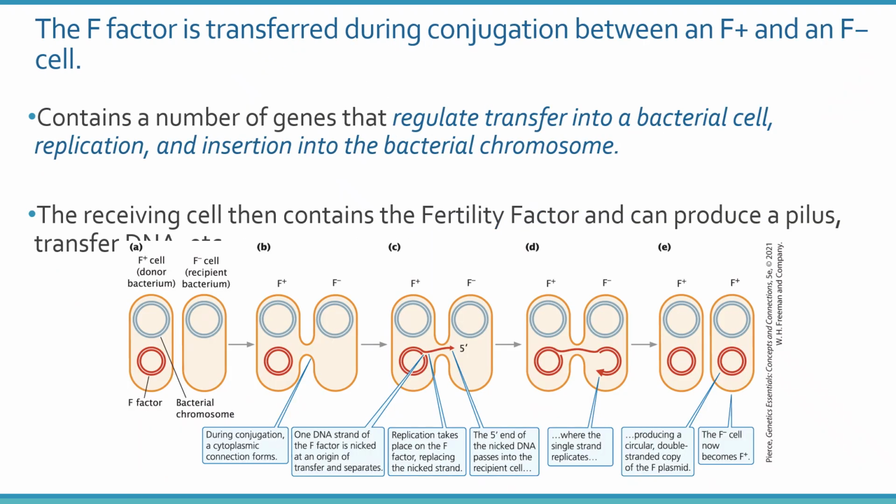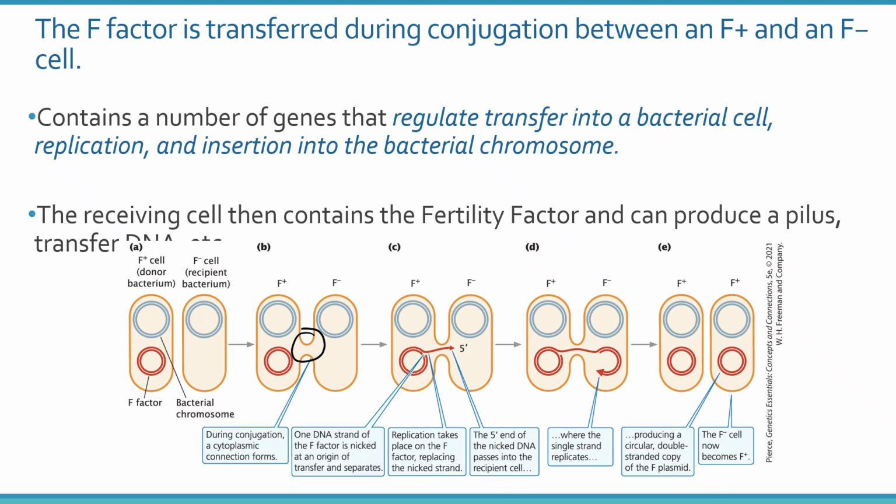So the fertility factor contains a variety of genes. One is for the initiation of that tube from one to the other, but it also contains genes that are going to regulate the transfer of DNA into that recipient cell. So not only does that tube have to form, but then the DNA that is being transferred is going to have to be basically taken from one cell and given to the other.